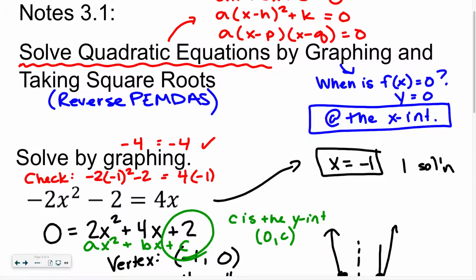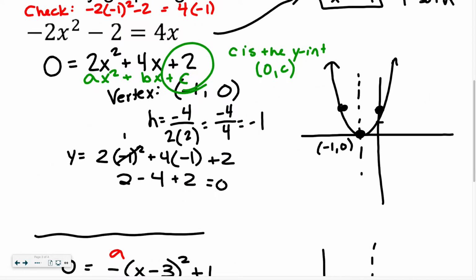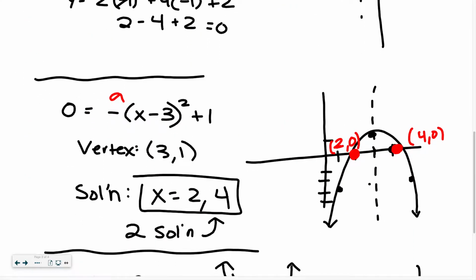Could you imagine that? If I had taken that vertex form problem and put a +2, then we would be moved up 1, and neither of these points that I graphed so nicely would cross the x-axis or be on the x-axis.